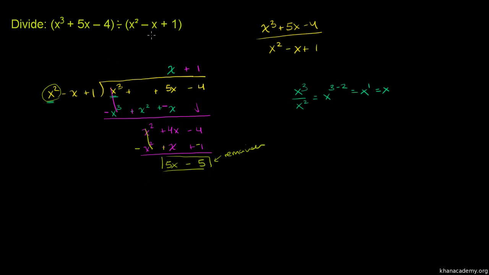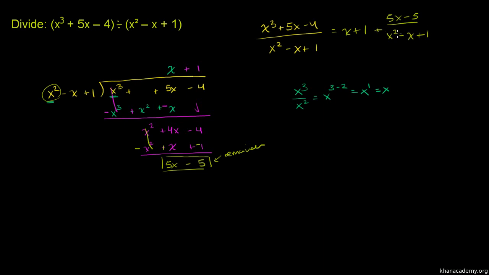So the answer to this is this expression right over here is equal to x plus 1. This x plus 1 plus the remainder, plus 5x minus 5, whatever the remainder is, divided by x squared minus x plus 1.